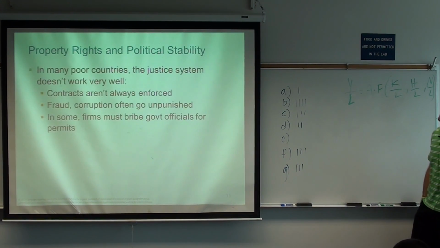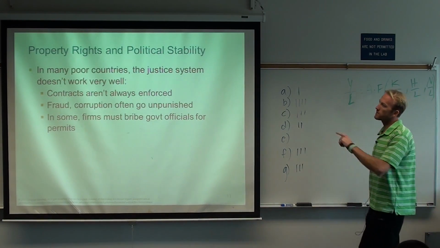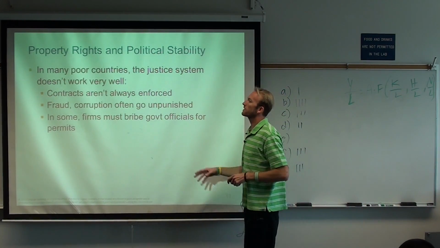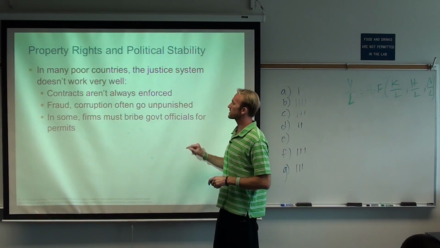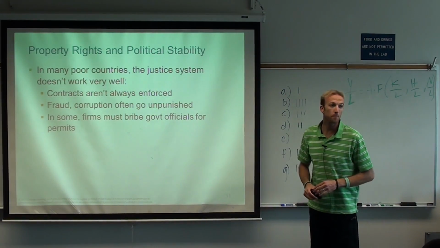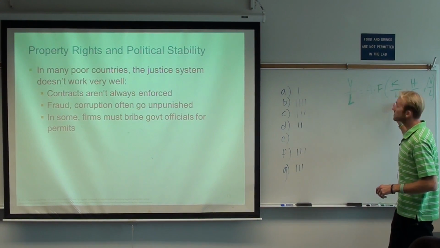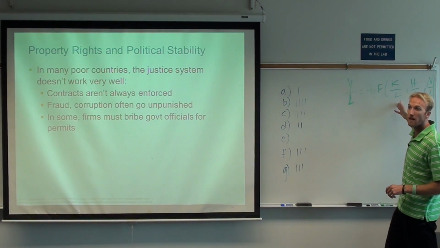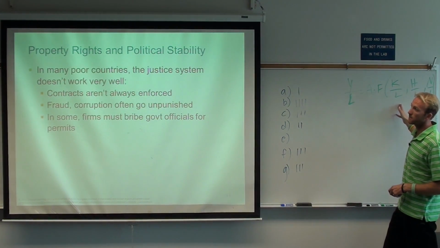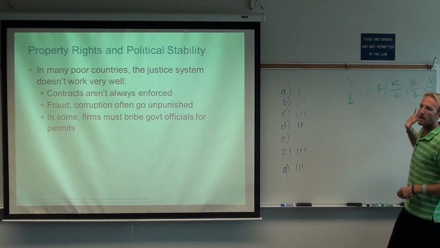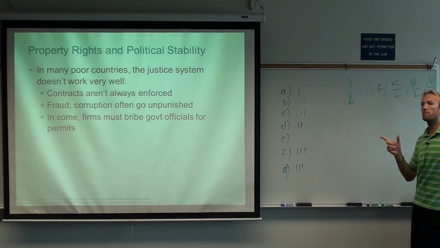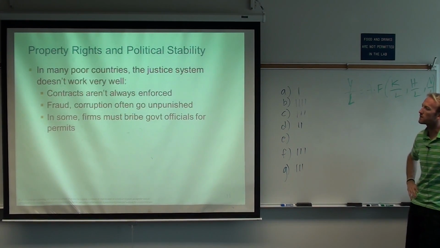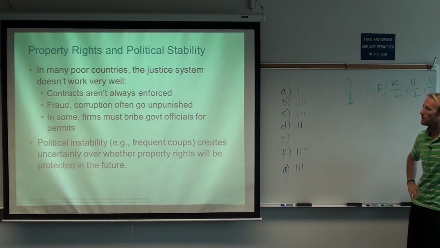Okay? So in poor countries, the justice system doesn't work very well, right? Contracts aren't enforced. There's fraud and corruption. Firms must bribe government officials to get permits, to build new factories and things like that, so K over L can't increase, right? So a non-corrupt, fully operating government system is really important for growth.